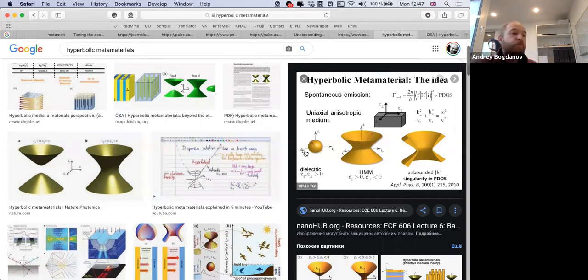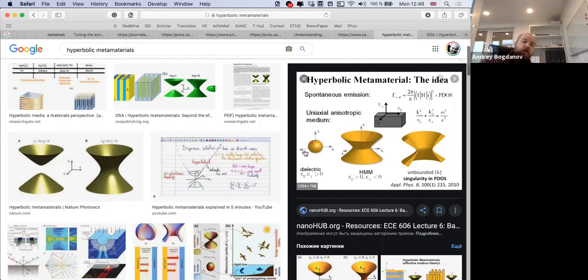But if I put the dipole into hyperbolic metamaterial, it will radiate much faster, because for this dipole to radiate photons is much easier, as there are a lot of empty states. It can radiate photons at the same frequency at any wave number.